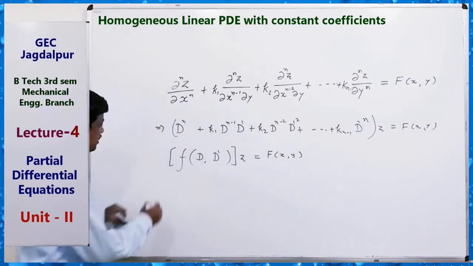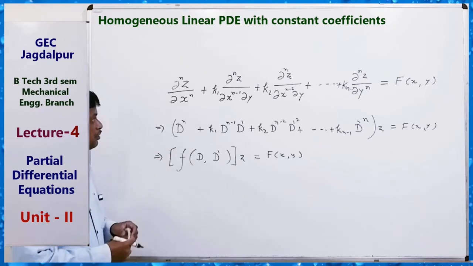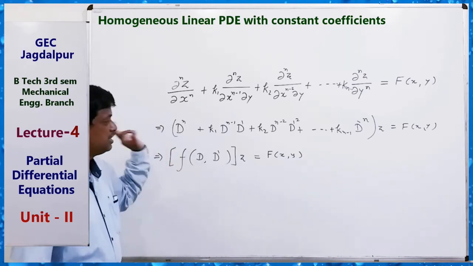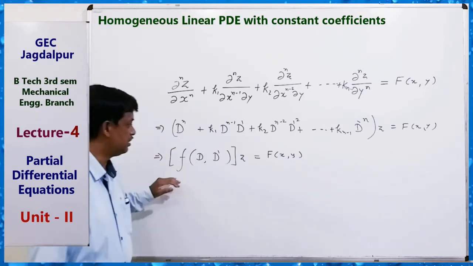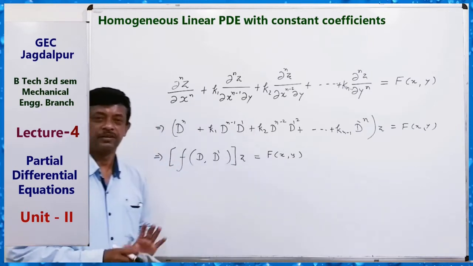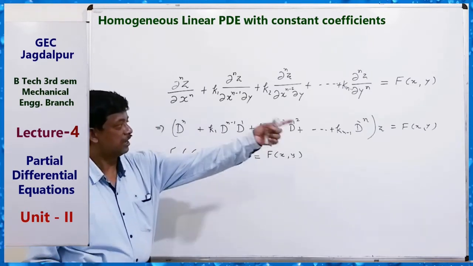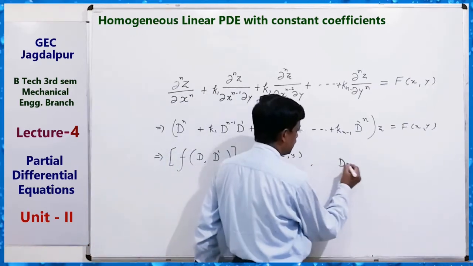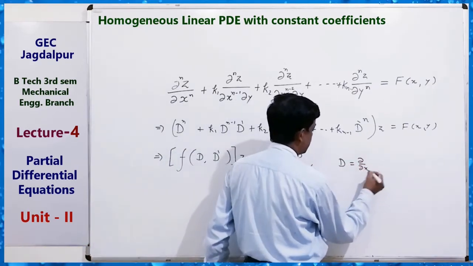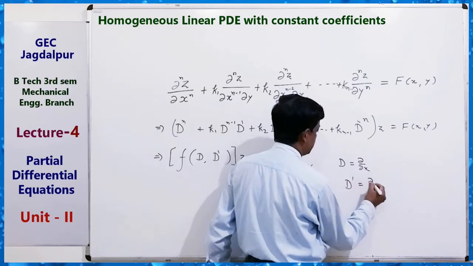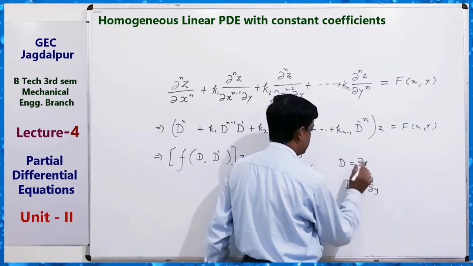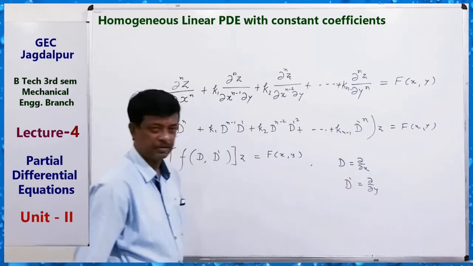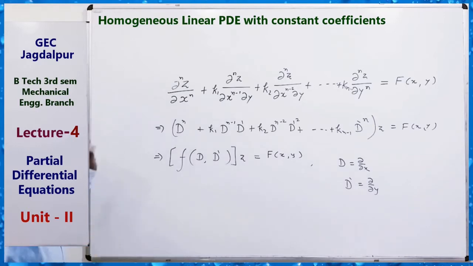Clear? So our homogeneous linear partial differential equation can be written like this, where k1, k2, up to k n minus 1 are constants. Here D equals del by del x, and D dash equals del by del y. So this is our equation.